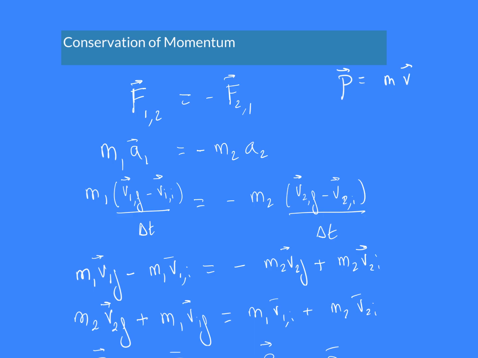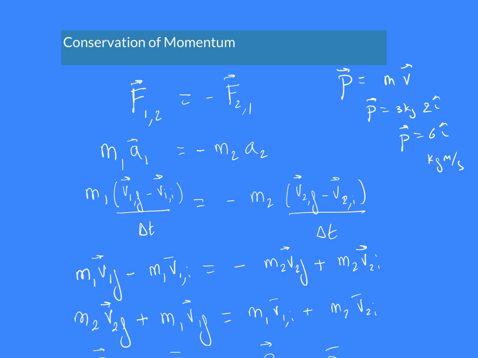If an object has mass 3 kilograms and is moving in the direction x with, let's say, 2 meters per second, 2i, the momentum P will be 3 times 2i. So his momentum will be 6i. 6 what? 6 kilogram meters per second. So momentum is a vector.